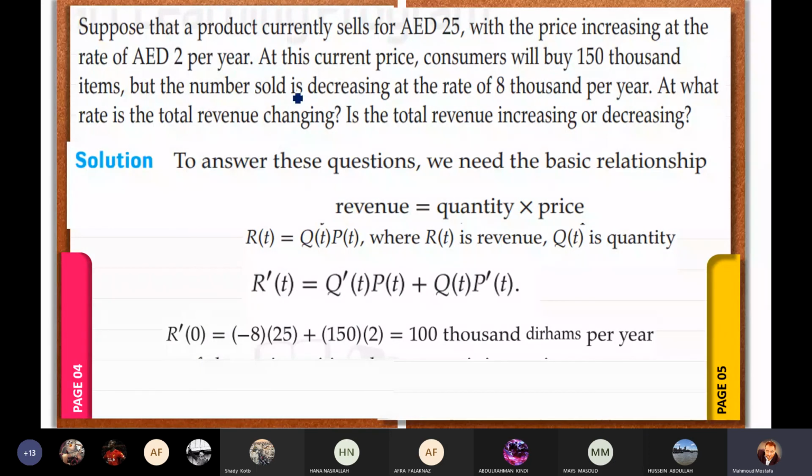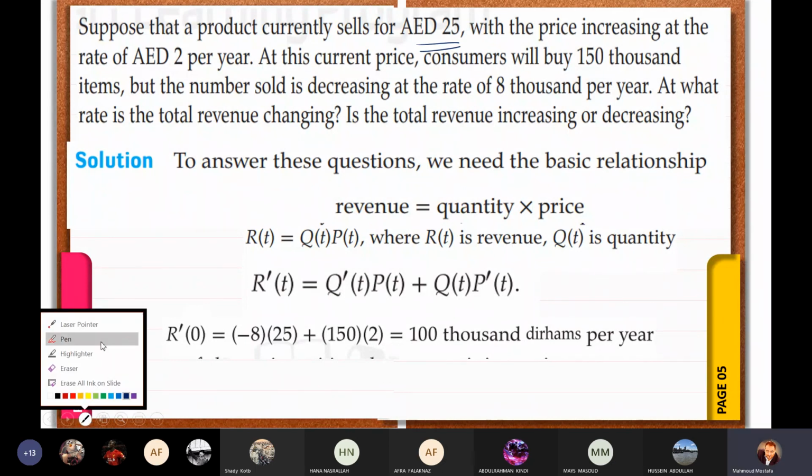This one was an example. Suppose that a product currently sells for 25, with the price increasing at the rate of 2 per year.